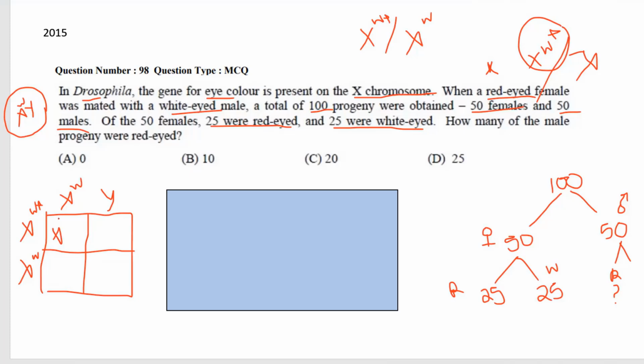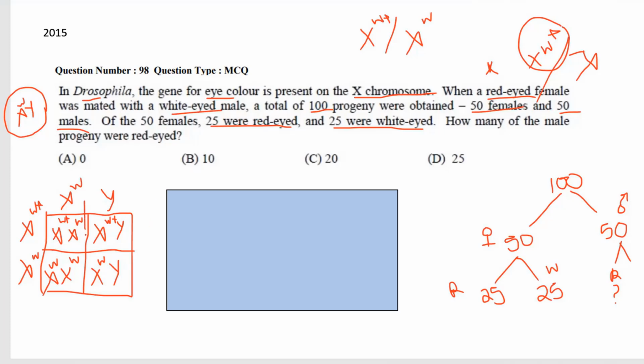So here we will have X^w+ X^w, and we will have X^w+ Y. Next we will have X^w X^w and X^w Y. So we have a total of 100 progeny, out of which 50 are females and 50 are males.